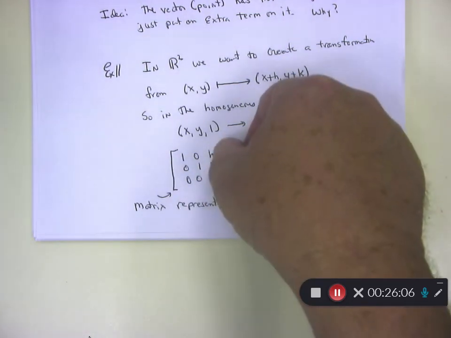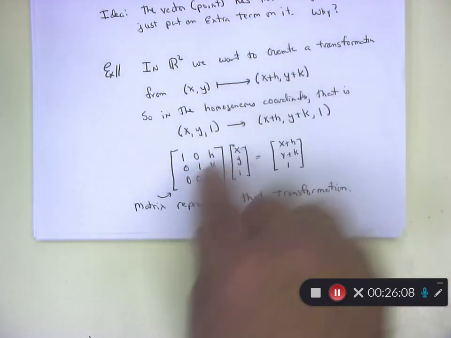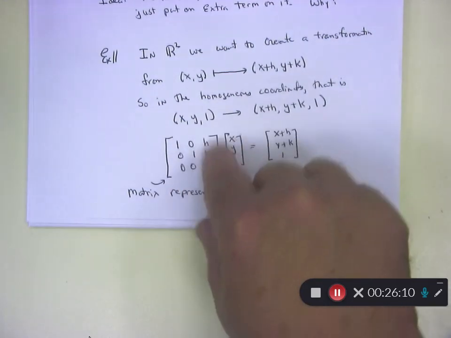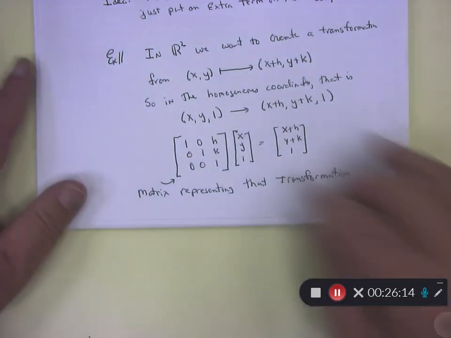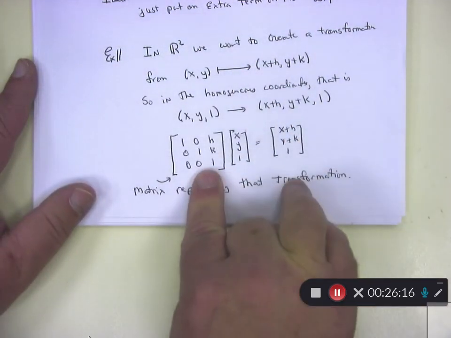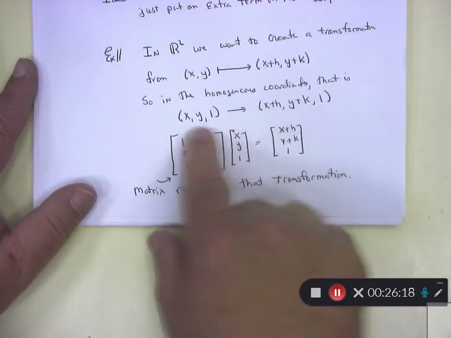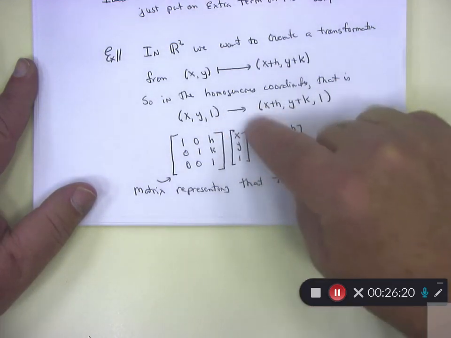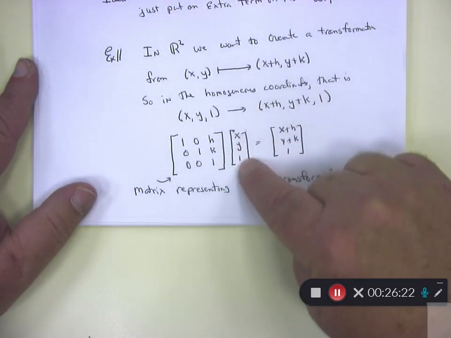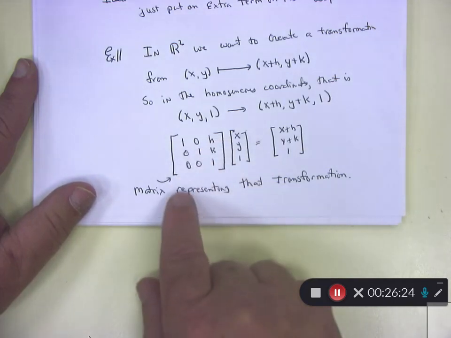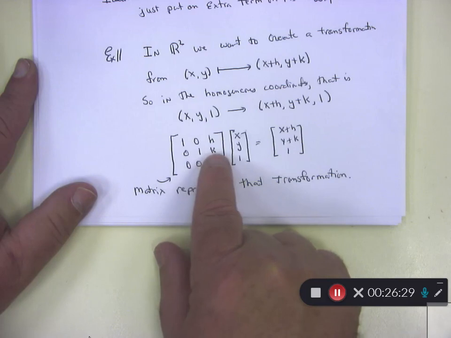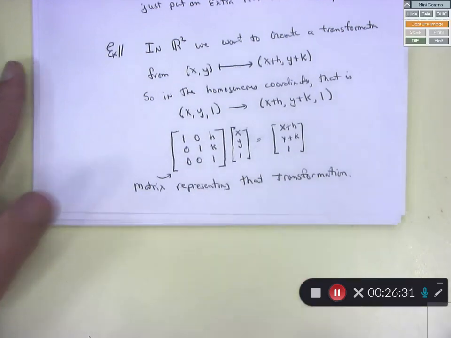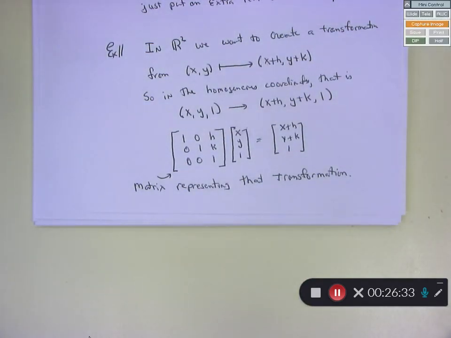It throws on an extra column on this thing for me. So here's your x, here's your y, here's your column, the third dimensional column. And now this has to be 3 by 3, because we're now in R3 going to R3, but my original point was x, y, 1. But if I look at this matrix, this transformation here, 1, 0, h, 0, 1, k, 0, 0, 1. Now, let's multiply this matrix times this vector.